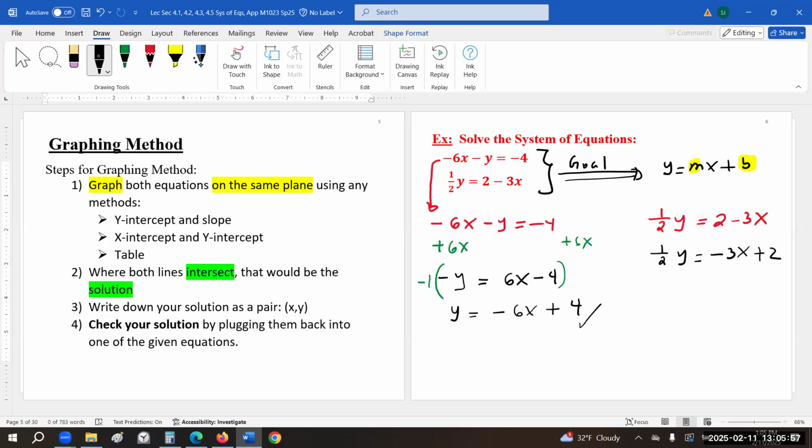What can we do to make it alone? Our problem lies with the denominator, right? What can you do to get rid of the denominator? So you multiply everything by 2. The 2 top, 2 bottom cancel out. And we have y equals negative 6x plus 4. Our second equation.